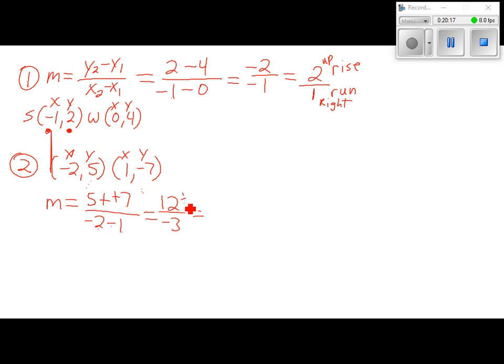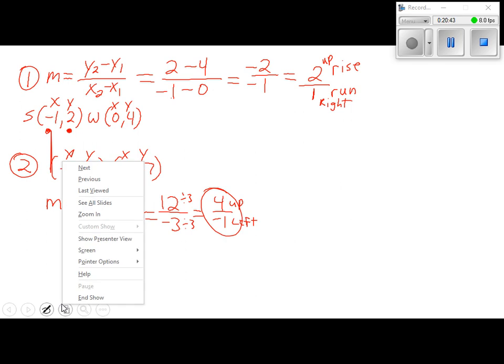If I divide the top by 3, 12 divided by 3 is 4. If I divide the bottom by 3, -3 divided by 3 is -1. That's my slope, 4 over -1. So that tells me to go up 4 and to the left 1 each time. Again, the more I do these, the less I'm going to write out.